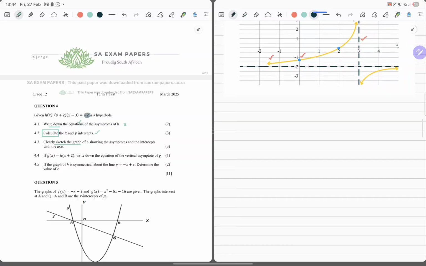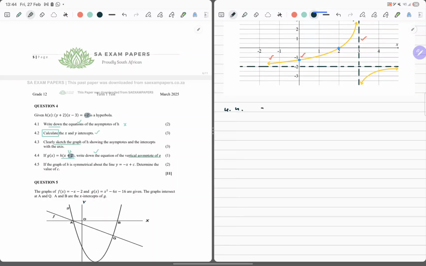Okay. So 4.4 says, if g of x is equal to h of x plus 2, write down the equation of the vertical asymptote. Now remember, this graph is being shifted horizontally to the left by 2 units. So the vertical asymptote is definitely going to be affected.